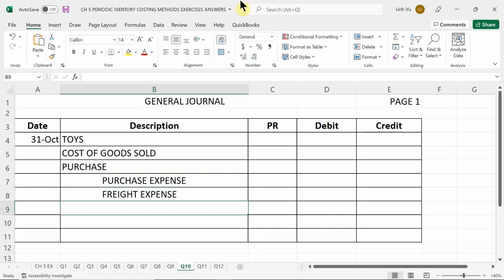What is this? Purchase what? Okay, this is supposed to be a purchase. Return of all.